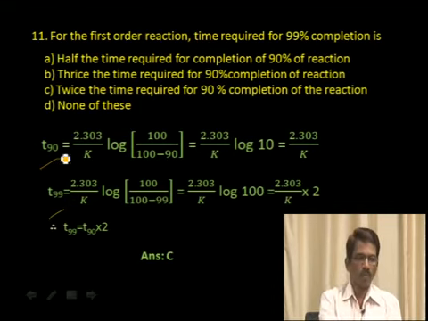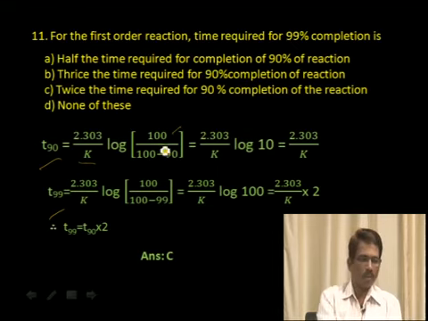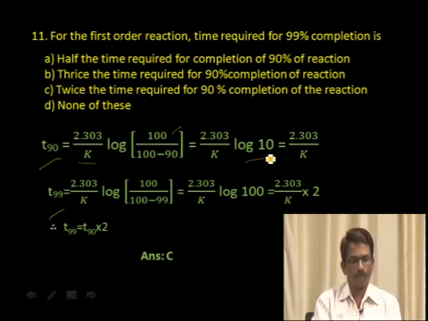If I substitute for 90% completion, 2.303 by K log 100 by 100 minus 90, that is 10%. So 100 by 10 becomes log 10. You know, log 10 is 1.